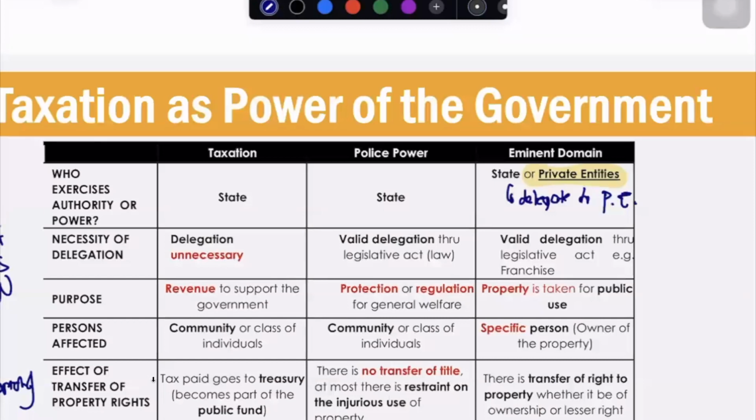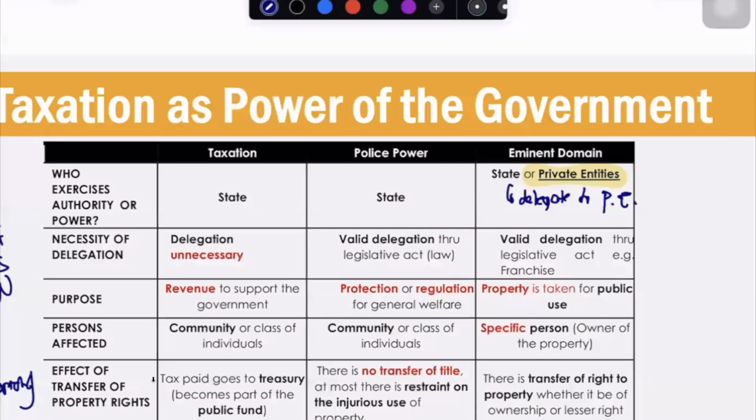Next, as to necessity of delegation. As earlier said, eminent domain can be delegated to private entities. Therefore, for taxation power, delegation is unnecessary. Police power can be delegated through a legislative act or through law. When we say delegation, normally it is the state, but you can delegate it to, let's say, the local government or to other private entities.